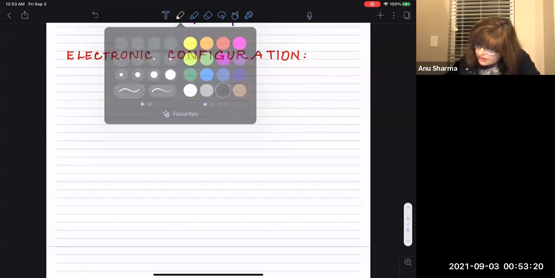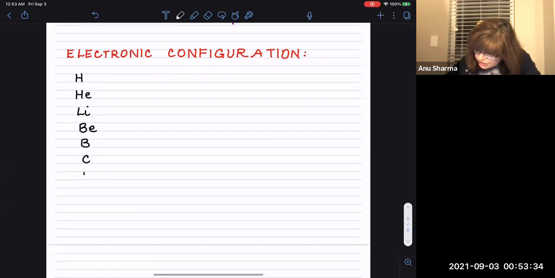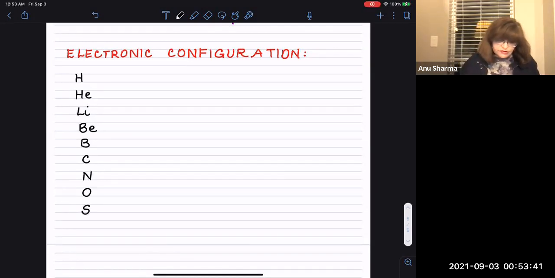Okay, now let's look at how you are going to do the configuration of, let's say, hydrogen, then helium, then lithium, then beryllium, then boron, then carbon, nitrogen, oxygen, fluorine, and neon.